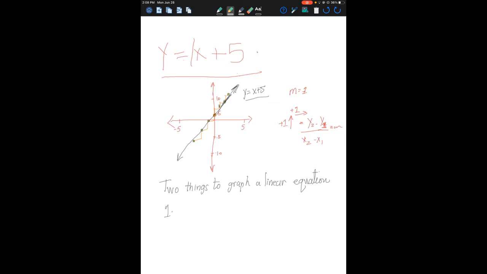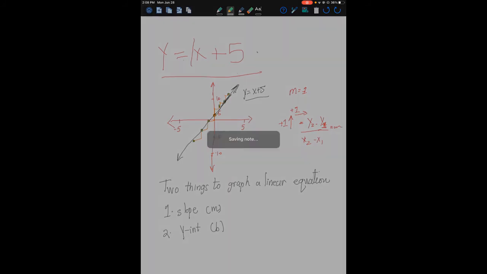First is the slope, which is denoted by m. Second is the y-intercept, which is denoted by b. Okay, great. Now let's move on to the next thing.